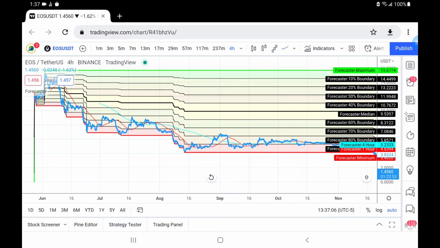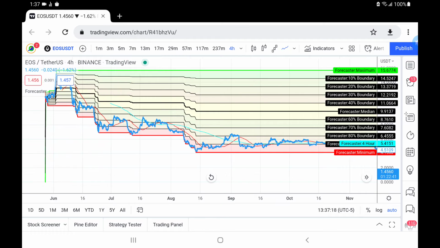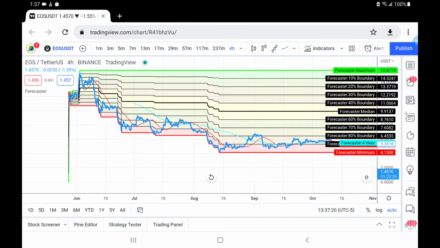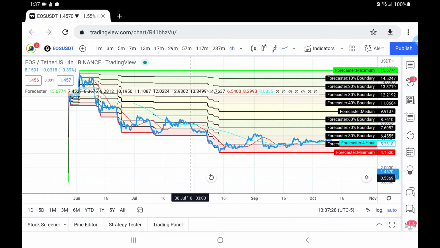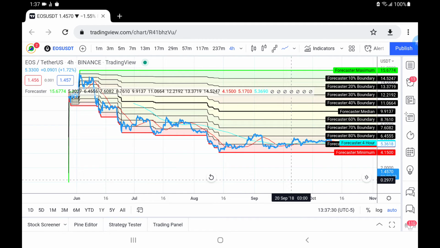That needs to be a warning flag for a beginner wanting to get into this project. This is not a coin I would recommend for a beginner simply because, as you can see, back here, it broke above the median, but ever since then, it's been breaking below the median with newer lows.